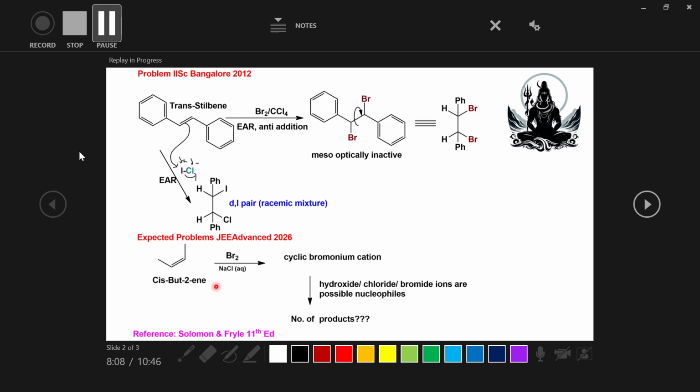You have been given a cis-butene, you have been given Br2, and then they have mentioned NaCl. There's a lot of story behind this. Whenever you have Br2 in an aqueous medium, it will undergo a disproportionation reaction, leading to formation of HOBr plus HBr.